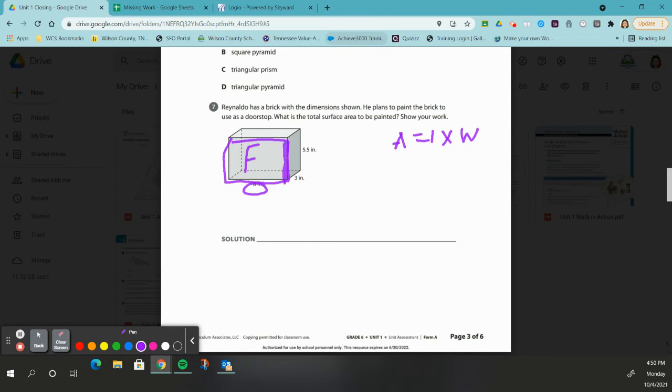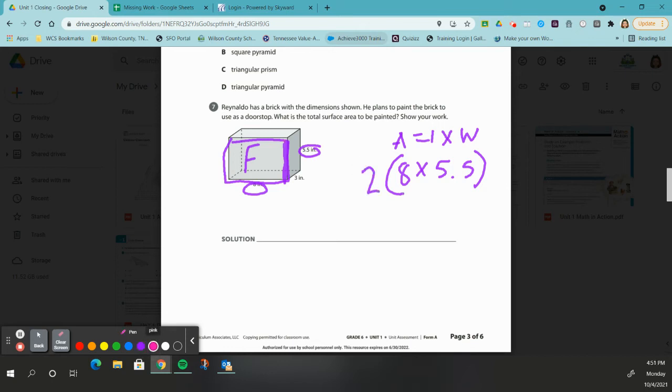So we have a rectangle on the front here, and we have an 8 by this side right here. Well, if we go across to the opposite, we see that it is 5.5 inches. So we have 8 times 5.5 inches, right? Now, this front side is also going to match the back side. So the front and the back have the same area, so we want to multiply it times 2.